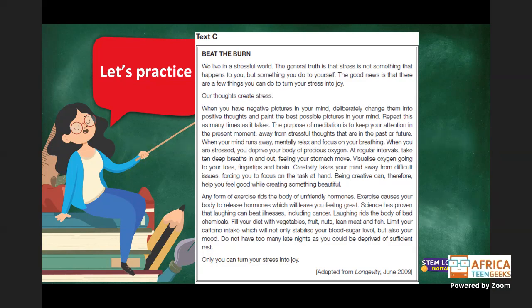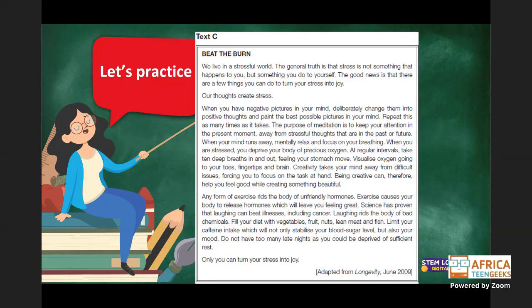Creativity takes your mind away from difficult issues, forcing you to focus on the task at hand. Being creative can therefore help you feel good while creating something beautiful. Any form of exercise rids the body of unfriendly hormones.